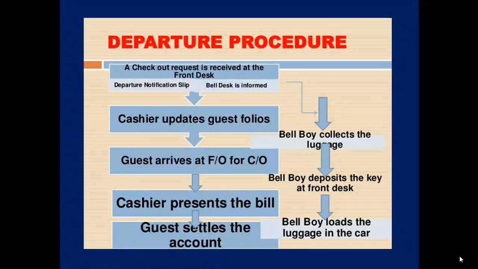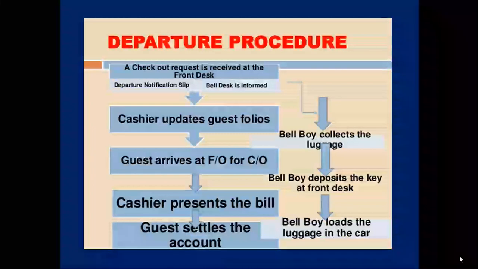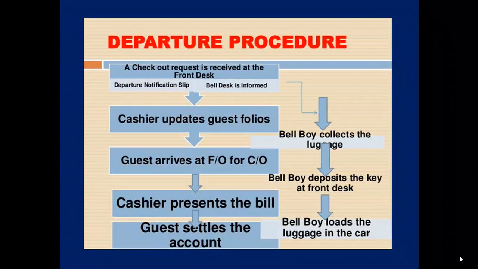So all the guest folios would be updated at the front office. Whoever the guests are who are willing to go for departure, all the point of sale areas start posting all their expenses, which are called credit charges, to their respective folios. So that's how cashiers start updating the guest folios.